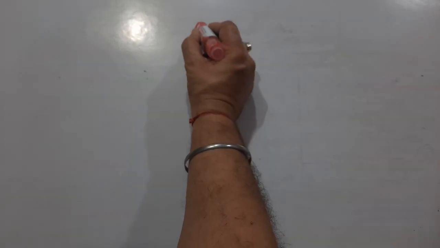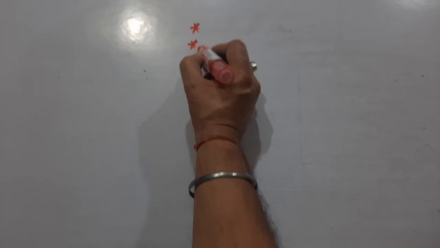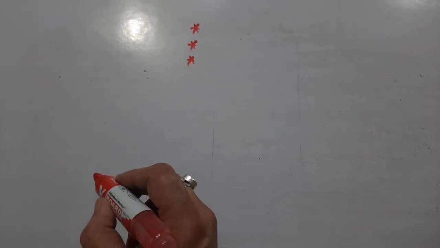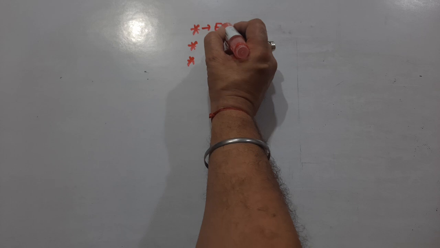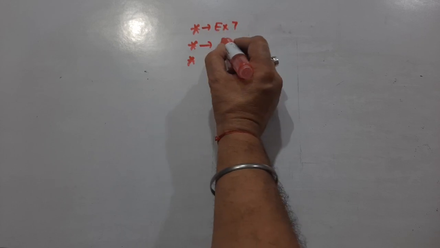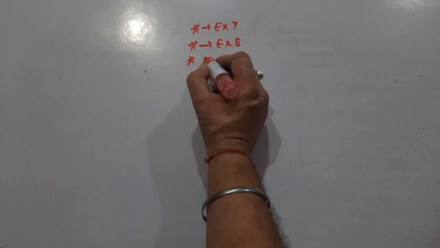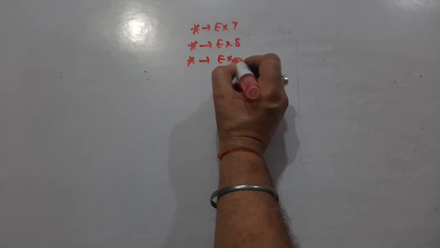Now the third question is, in a monthly test, the teacher decides that there will be 3 questions, one from each of the exercise. One question from exercise 7, one from exercise 8 and one from exercise 9.